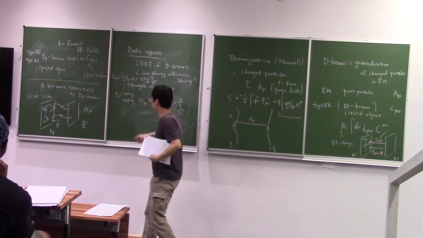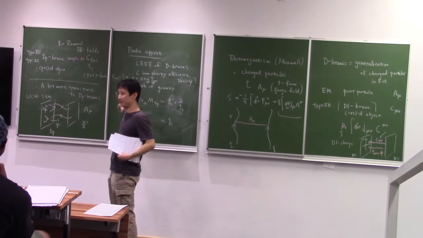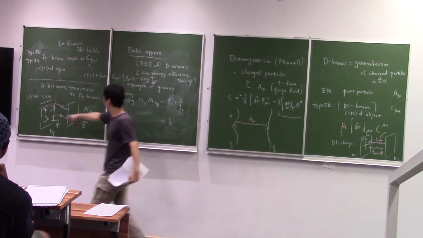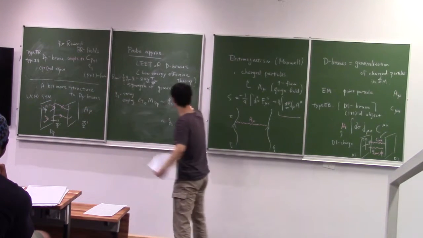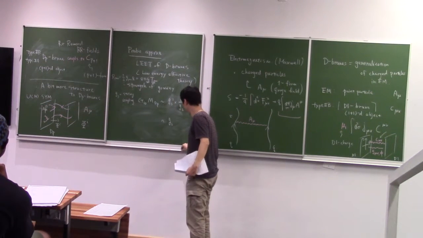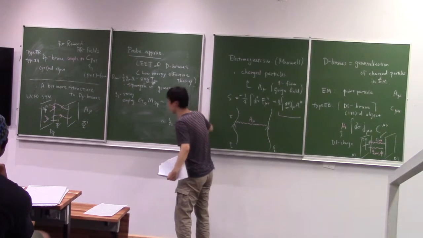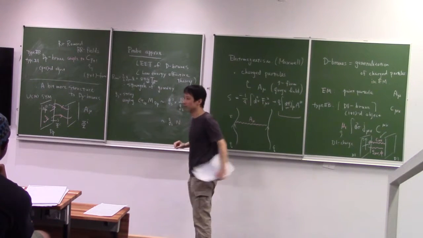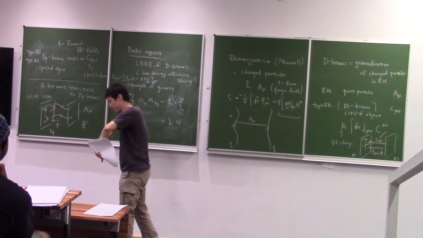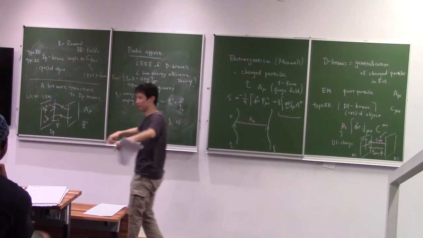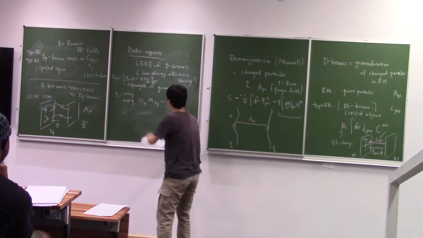But if you have many of them, like N D-branes, and if N is really large, then there will be this effect of N. So if this is large, you have to consider the back reaction of D-branes, that is, the curved spacetime.